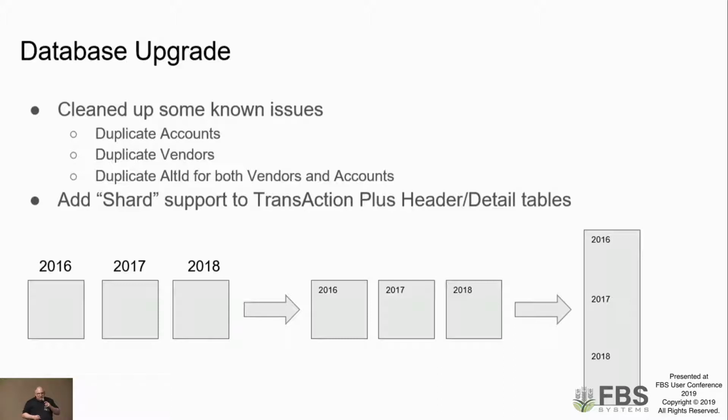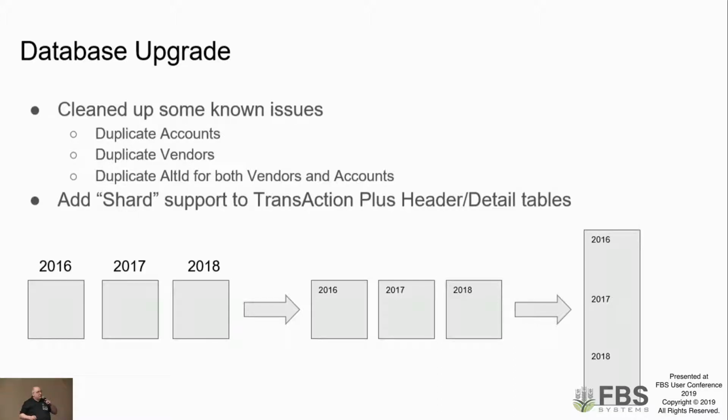That's important to us because when you refer to a vendor out of Transaction Plus detail, out of the individual transactions, it's by name. So it needs to refer to one vendor so that we know what vendor record we're pulling data from. And we added some things to the database to enforce the single vendor constraint so we don't get them in there again.